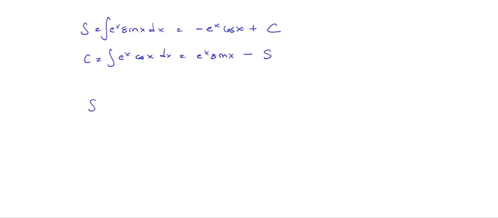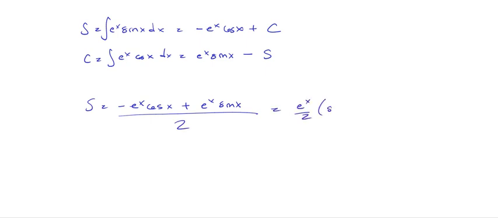We can substitute the second in the first formula. So we have e to the x cosine of x plus, and then we have e to the x sine of x minus s. We take this sum in here, 2s, and then divide everything by 2. So all of this divided by 2. So this is e to the x divided by 2 times sine of x minus the cosine of x. This is the first integral.